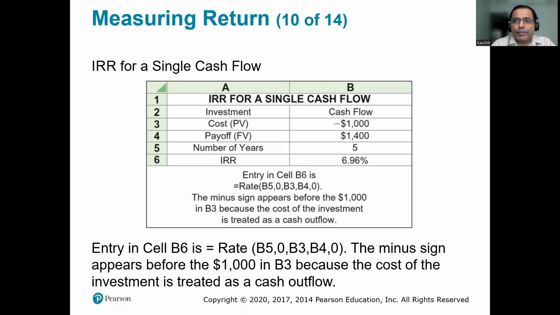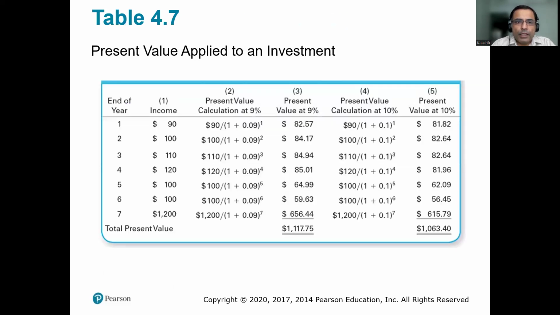For example, the initial cash outflow for investment is $1,000 and the final payoff at maturity is $1,400. This is over a period of 5 years. So what is the internal rate of return for this investment? Again, we find the present value. We use a discount factor to find the present value of each future income stream.